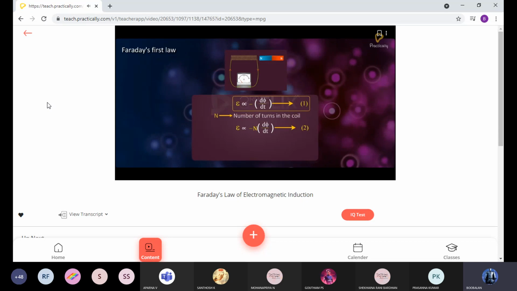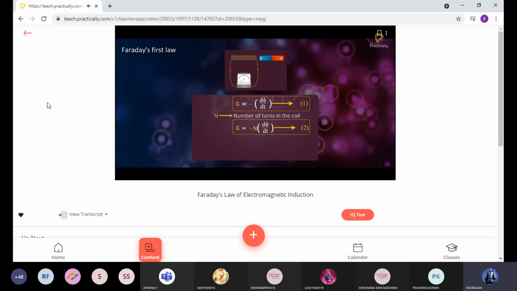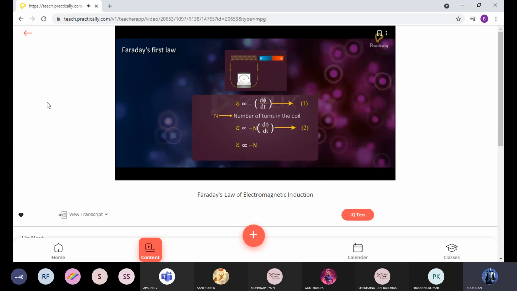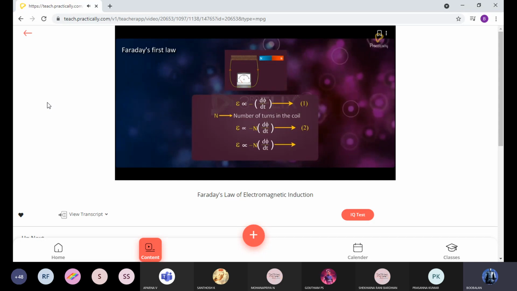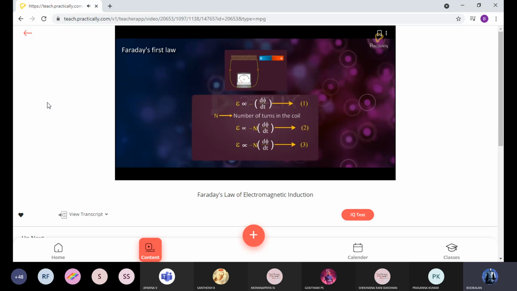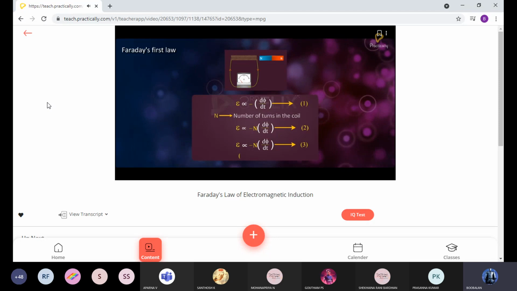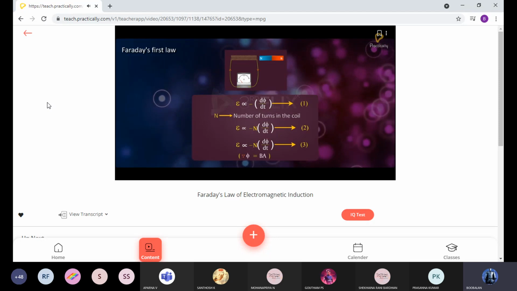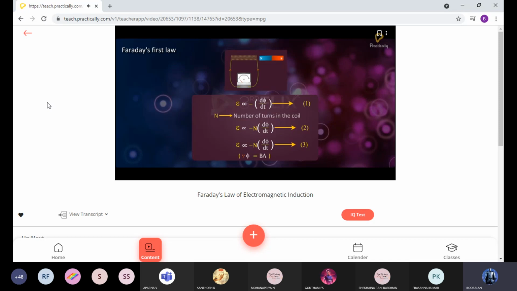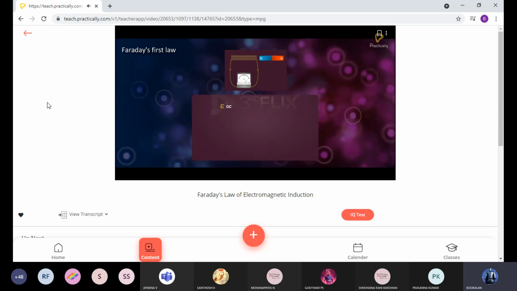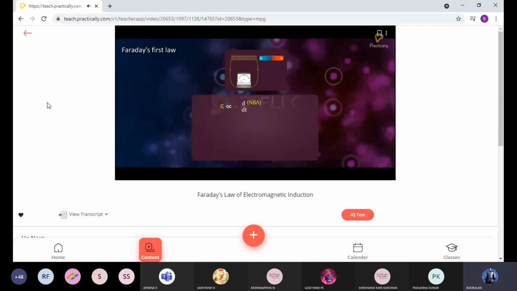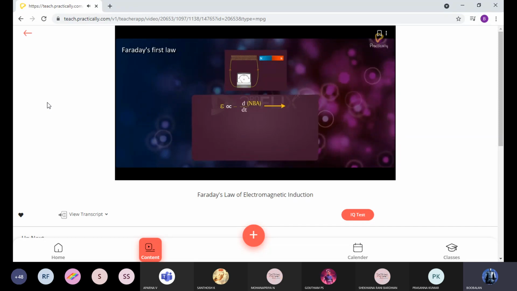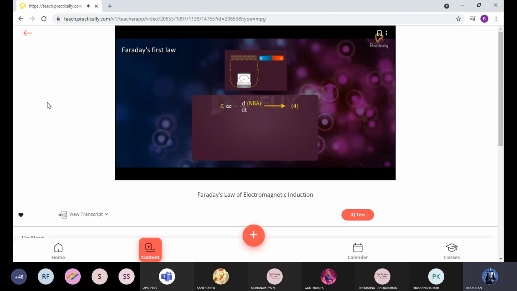From equations 1 and 2, we get epsilon is proportional to minus N d phi by dt. Say equation 3. Since phi is equal to BA, epsilon is proportional to minus d by dt of NBA. Say equation 4.